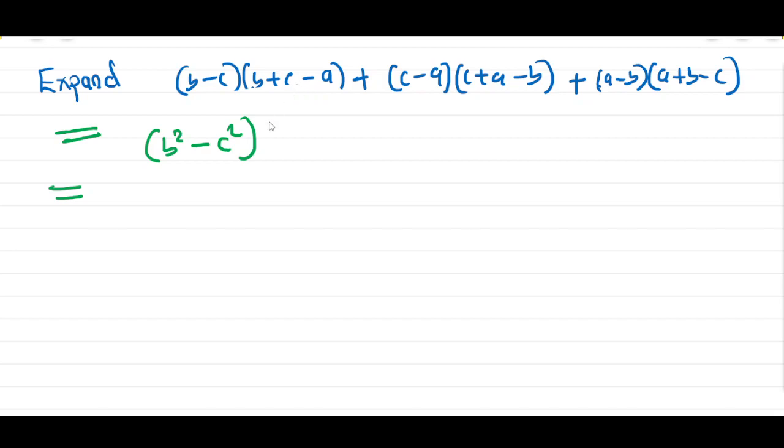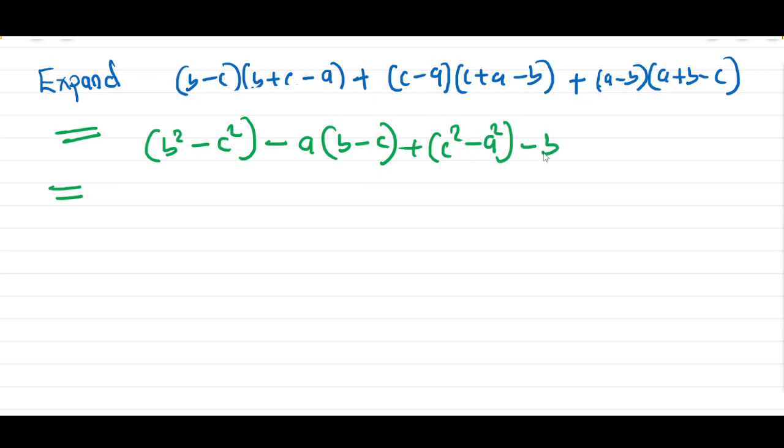Then if b minus c multiplies this, it will become minus a multiplying b minus c. For the same reason, this will be c squared minus a squared. Yes, difference of squares formula at work.